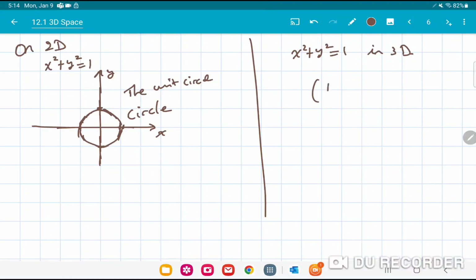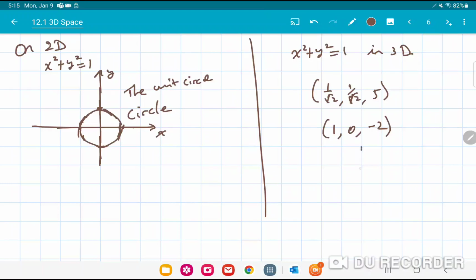For example, 1 over square root of 2, comma 1 over square root of 2, and 5 satisfies this equation. Or 1 comma 0 comma, I don't know, -2, because 1 squared plus 0 squared is 1. I don't care about the z component. The squares of the x component and y component should add up to 1.